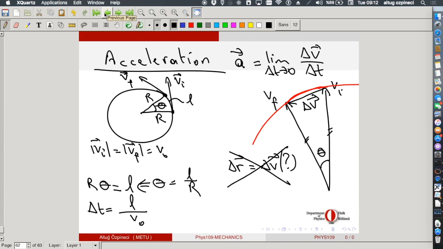So I imagine the velocity vector. Well, if the object is over here, this will be the direction of the velocity vector. And I just trace the endpoint of the velocity vector. As my object is rotating, the velocity vector will also rotate. I can just imagine all the endpoints of the velocity vector. But we know that the magnitude is constant.